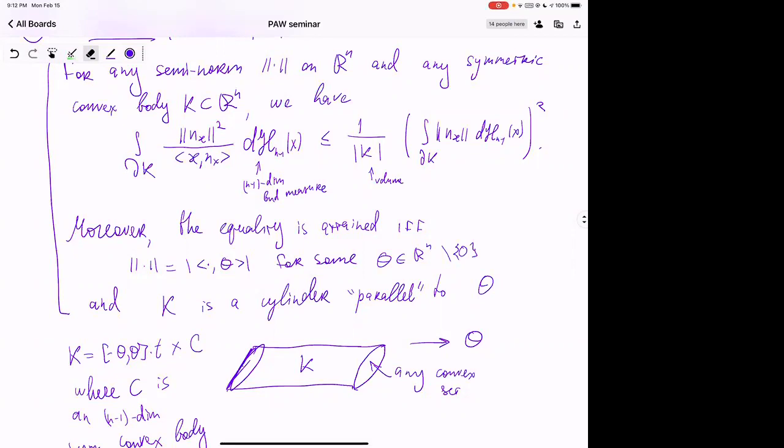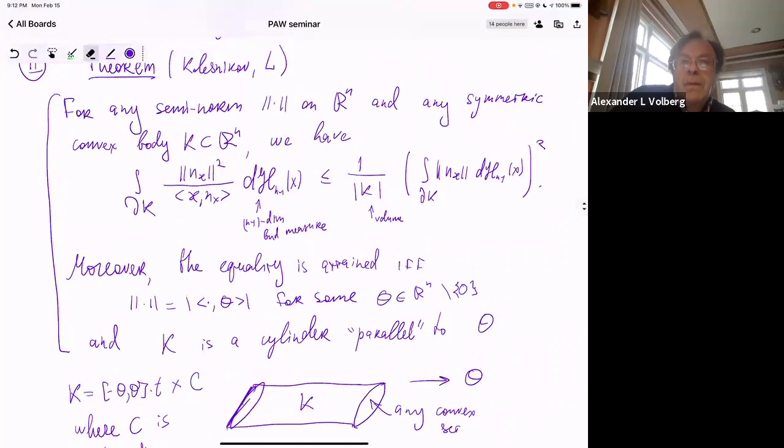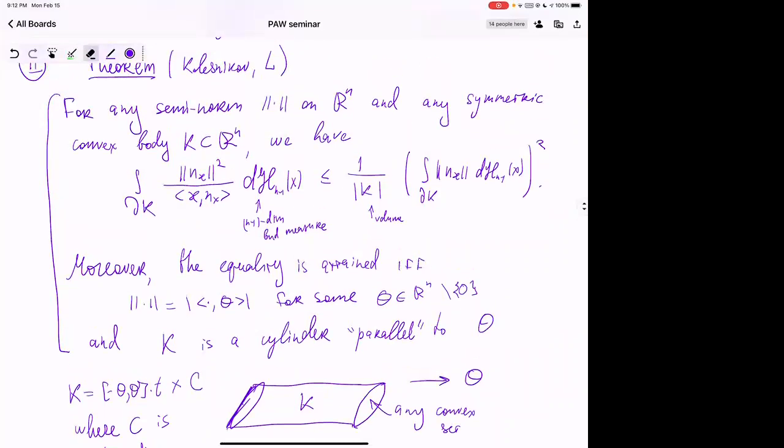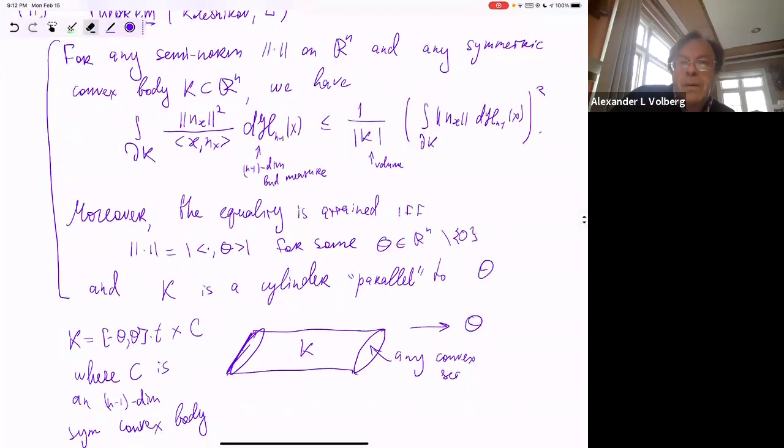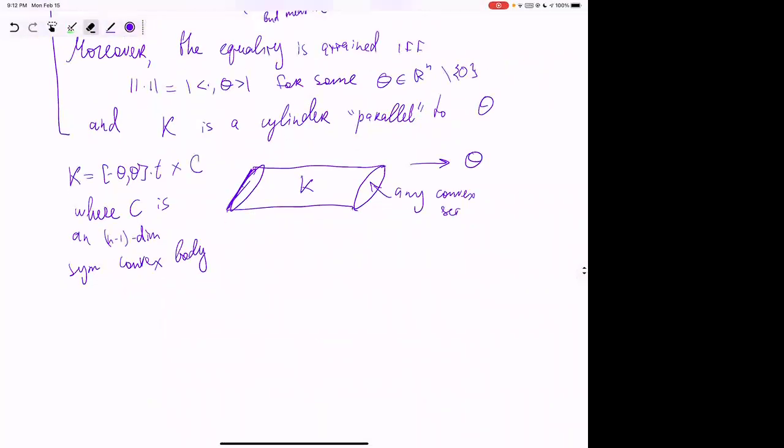I'm planning to explain the proof. It's a pretty easy proof. I don't think there is all that much to it, but the cool thing is, anyway, I'll explain everything. Any more questions about the theorem? It's not easier if it's the Euclidean norm, yeah.